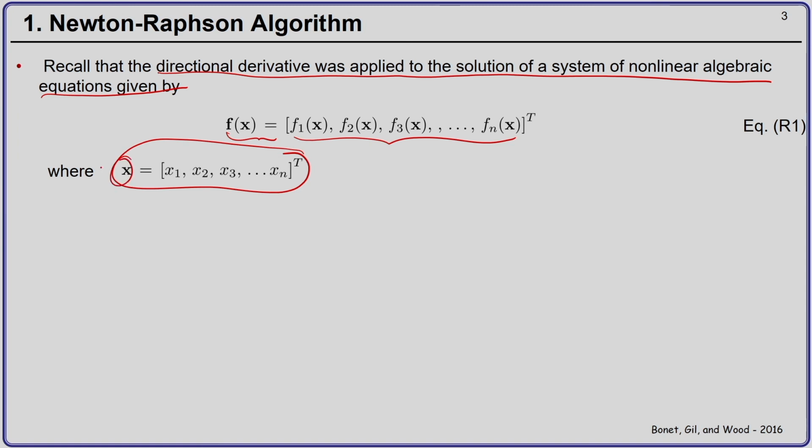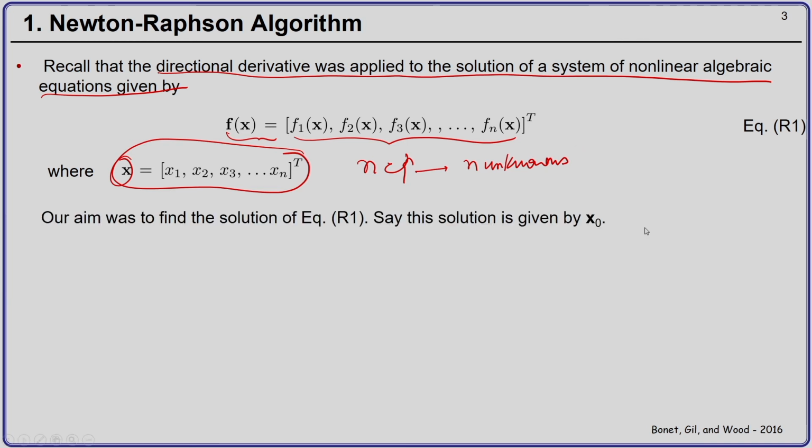So, x was the vector of unknowns, x 1, x 2, x 3 all the way up to x n. Once we have this, our aim is to find the solution of our system of nonlinear algebraic equations. Let us say this solution is x 0.